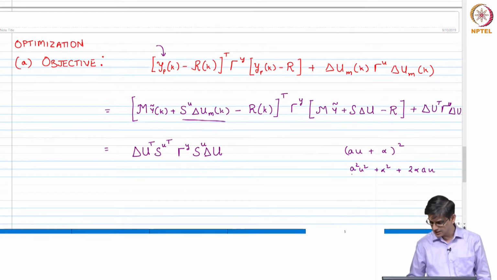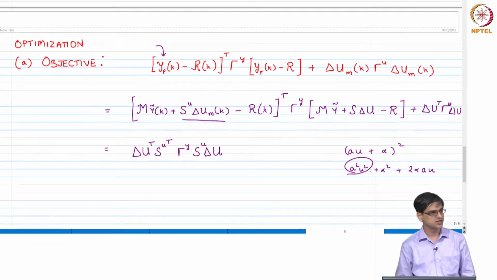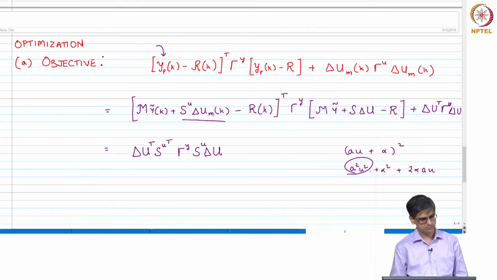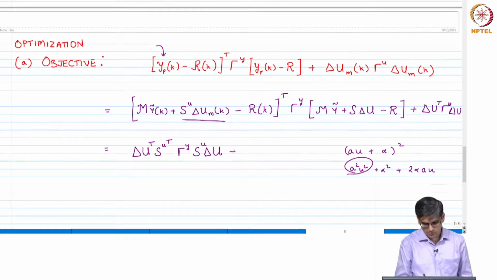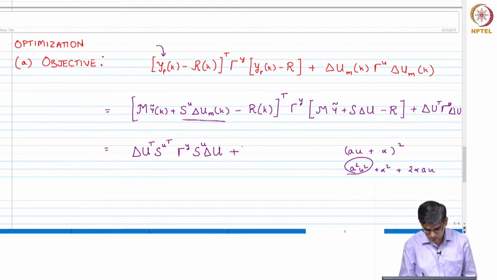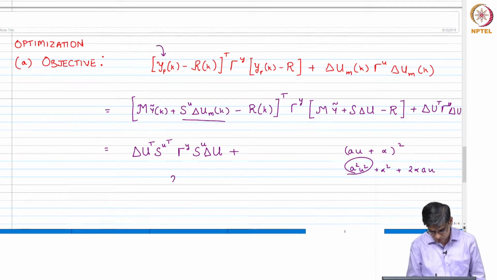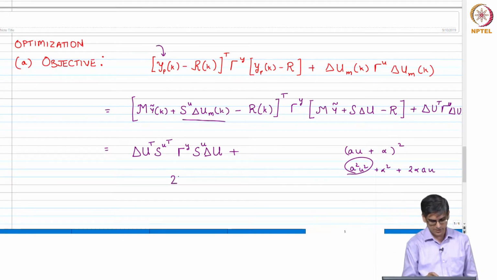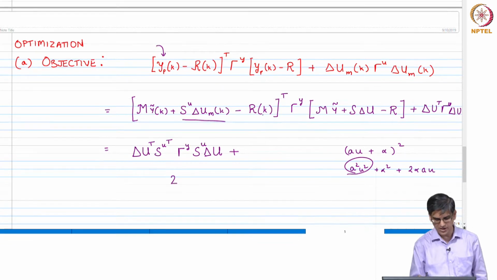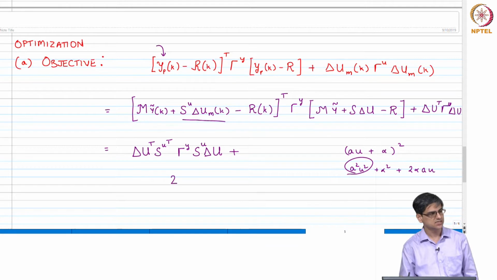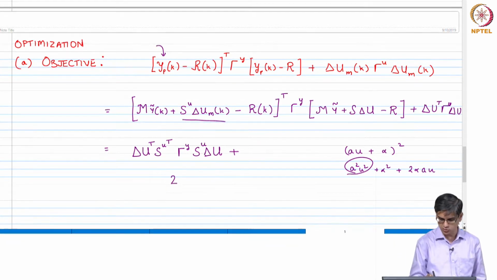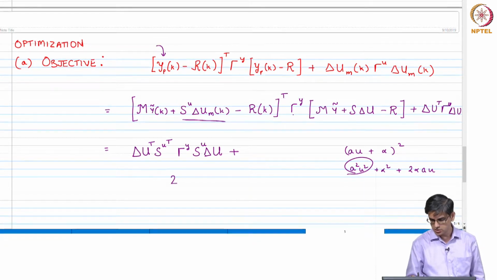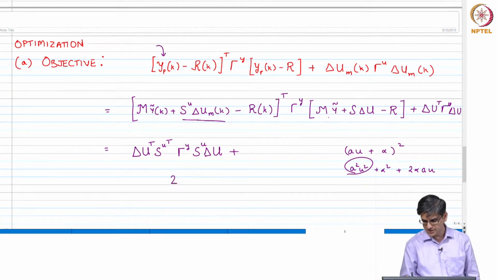Okay. So, that is equivalent to your a square u square term. Plus 2 multiplied by, you will have my minus r transpose multiplied by gamma y multiplied by s delta u. The other term is going to be delta u transpose s transpose gamma multiplied by m minus r.